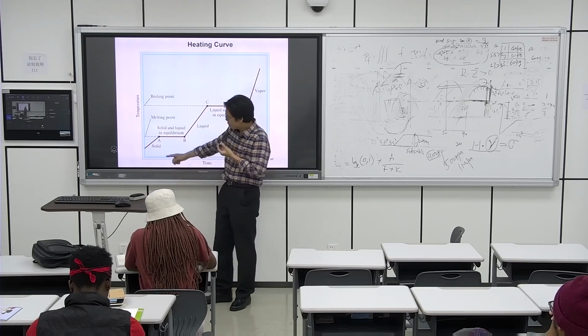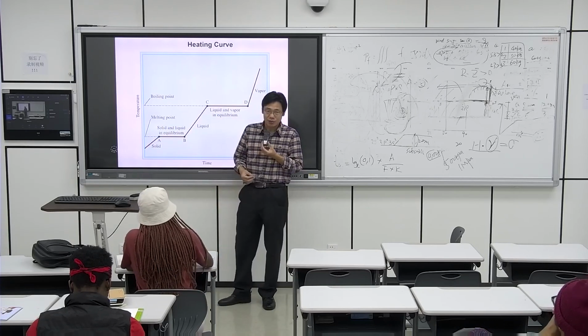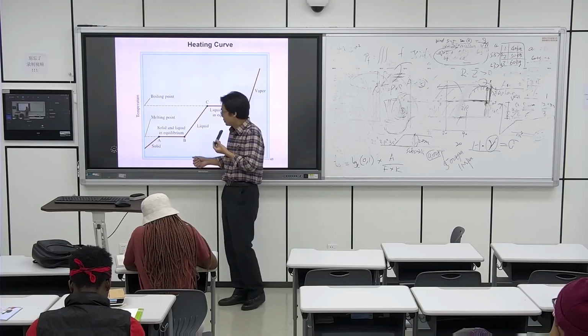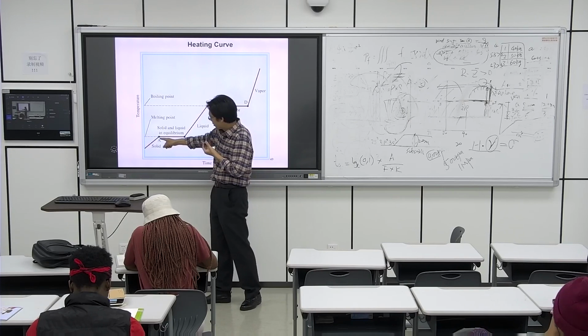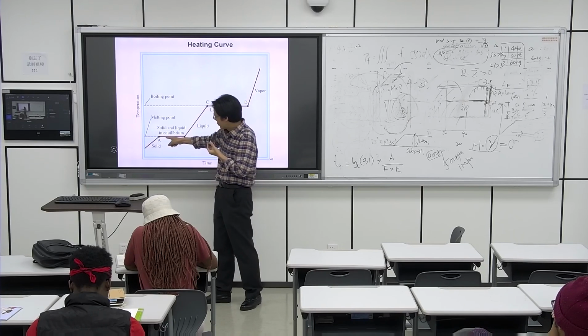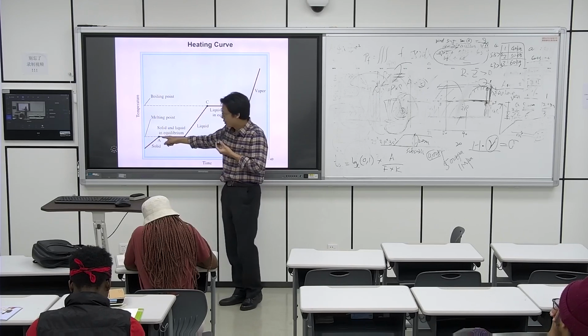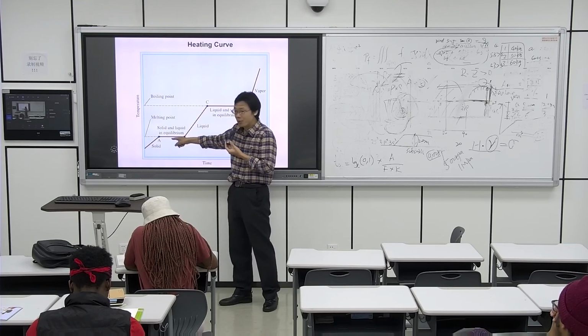So when the temperature is at the melting point, this means the solid changes to liquid, and the temperature will not change. It will keep at the melting point for a while. So my question is why? Why during this time, the temperature will not change?